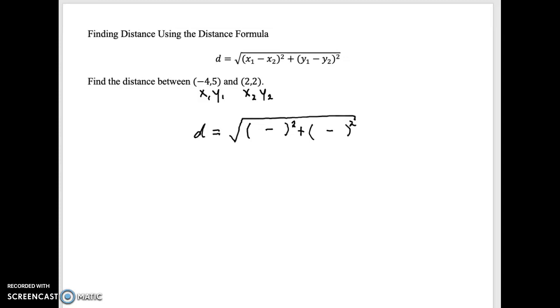So here we go. Our first value we need to plug in is x1. If we find x1, that's right here, that's -4. So we're going to plug that in the first spot, -4. Minus x2, well, x2 we have is 2.